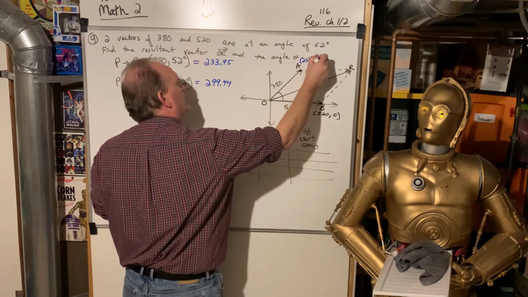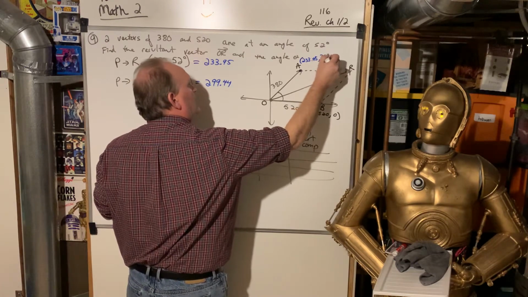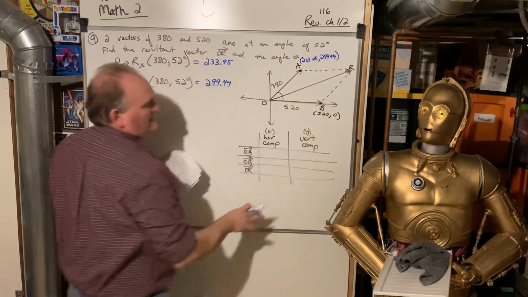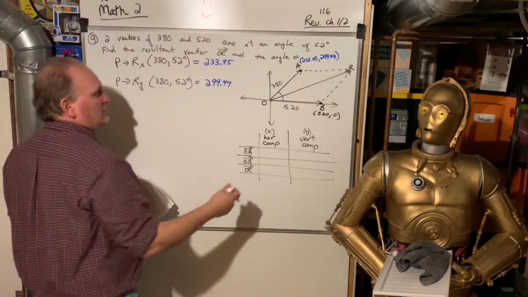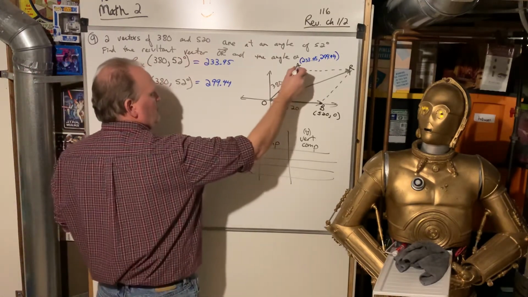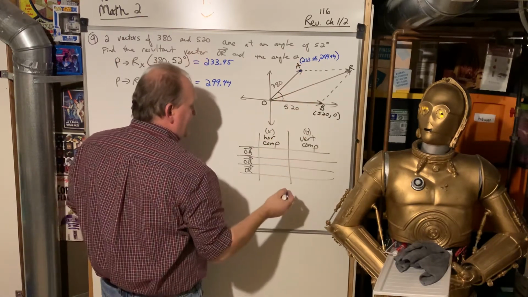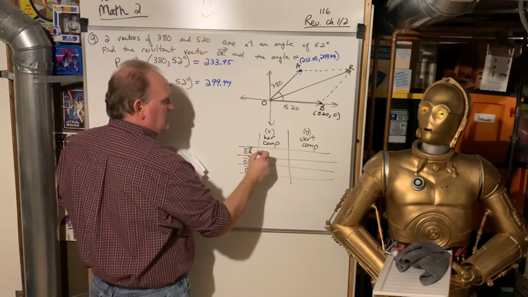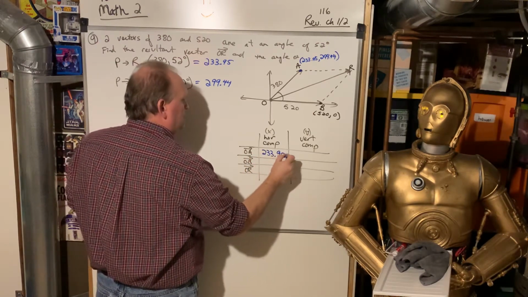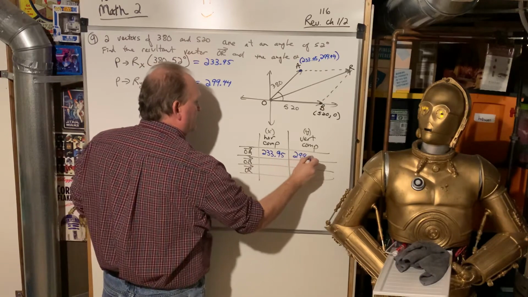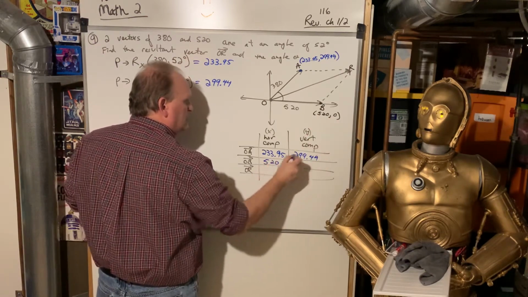That's what this chart is for, to make it a little less complicated. We took the polar and put it to rectangular, so now we know that point in space. Now we can write those down here: 233.95, 299.44. This one is 520 and 0.